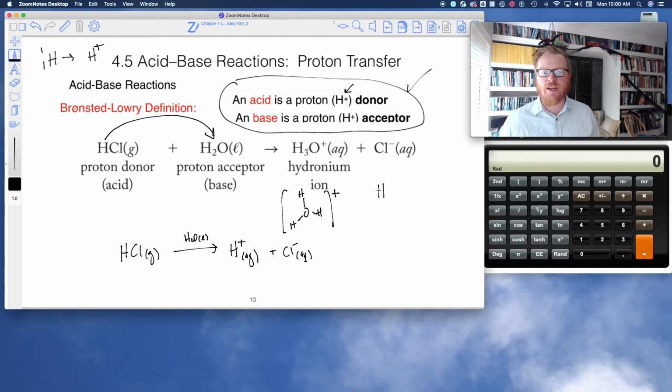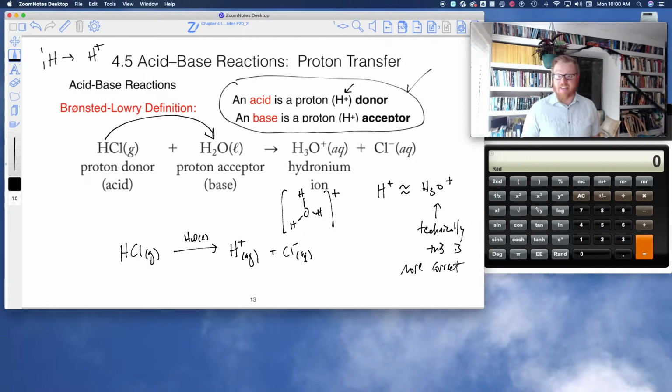And in chemistry, this H plus, I'm going to put kind of an equals sign. We often say that the H plus is synonymous with the H3O plus because technically, this is more correct. That's what's really going on in an acid, okay?